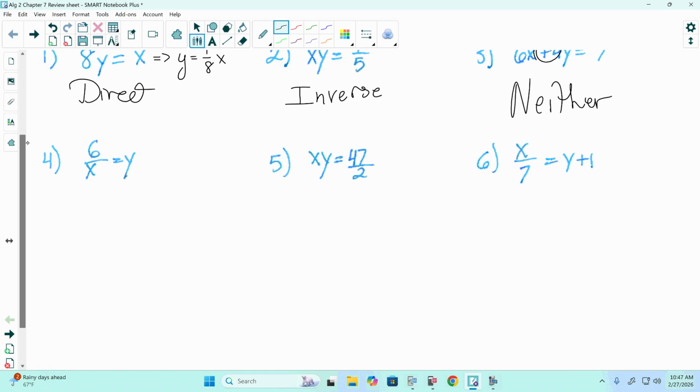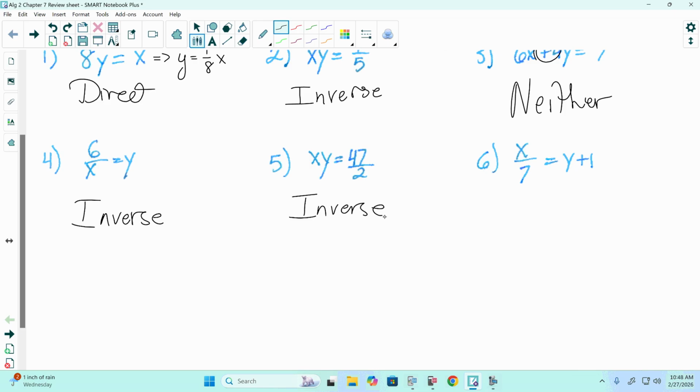Number 4, 6 over x equals y would be inverse. Matches up to our y equals a over x. Number 5, inverse. There was a lot of inverse on this one.